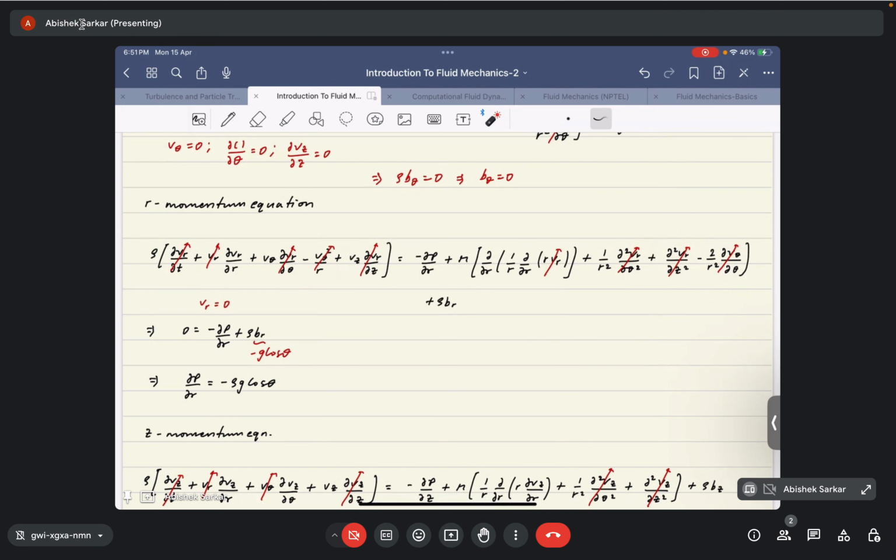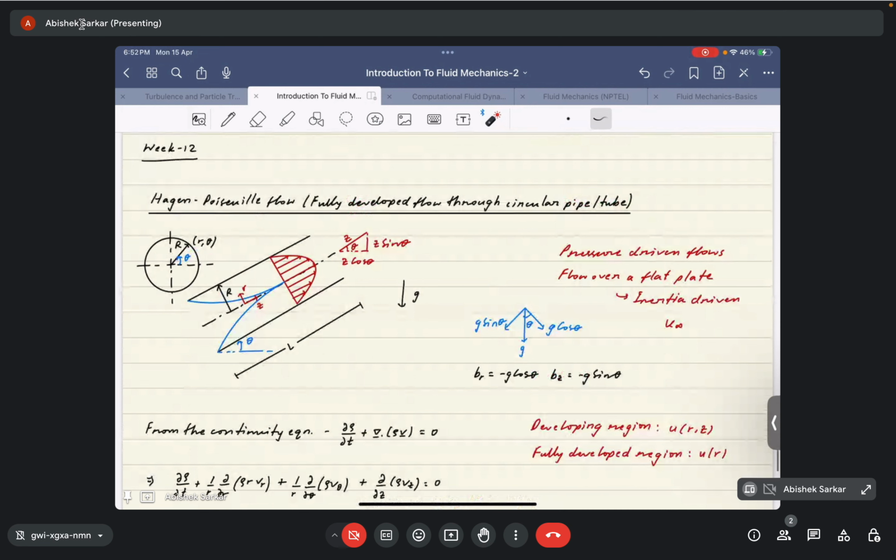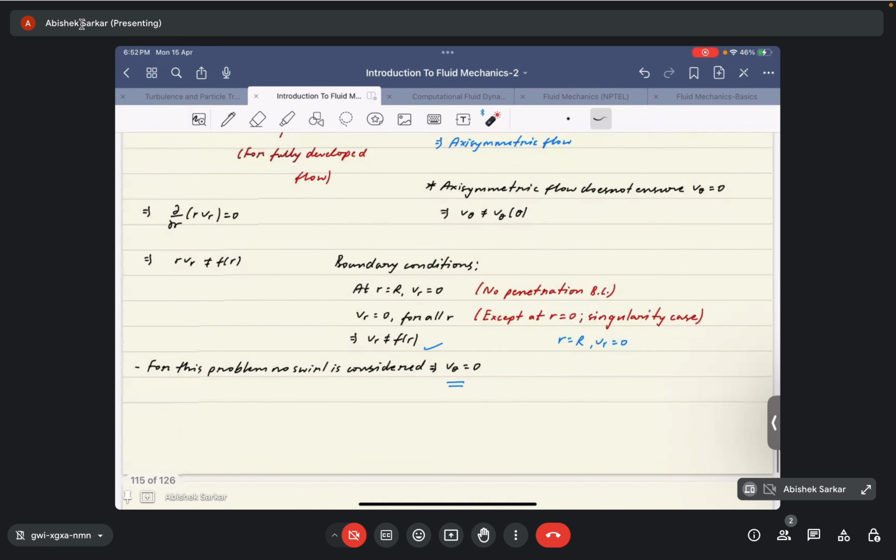Now for br, let me go back to the initial diagram. If you look here, the body force along the r direction would be minus g cos theta, and along the z direction it will be minus g sin theta, keeping in mind that we take this as positive r and this as positive z.